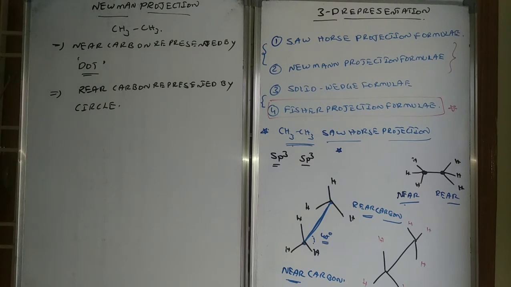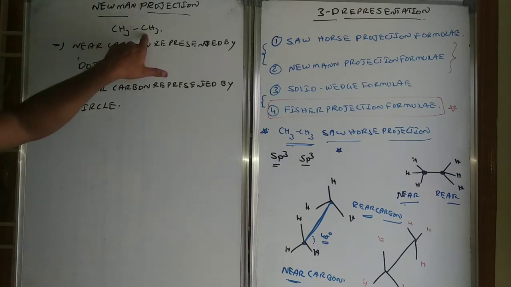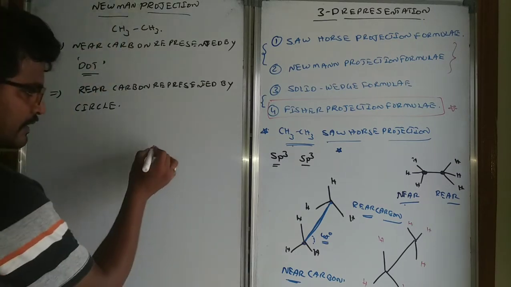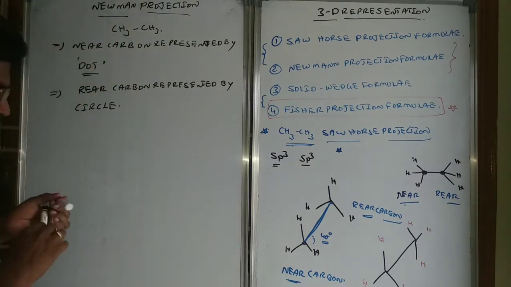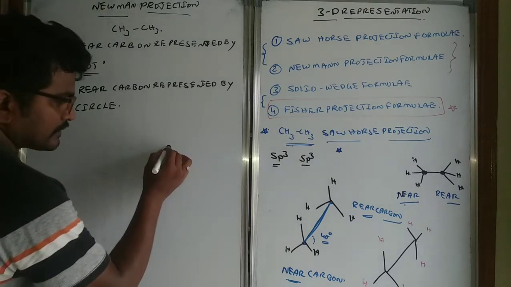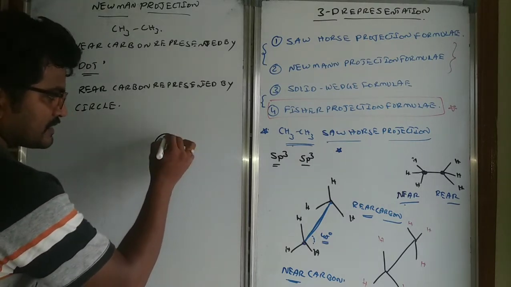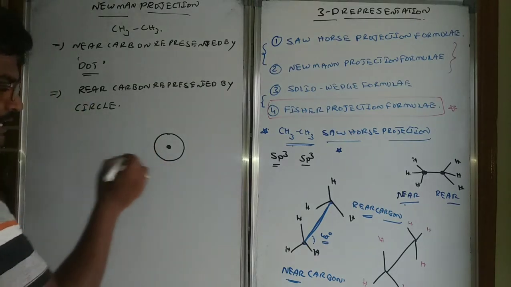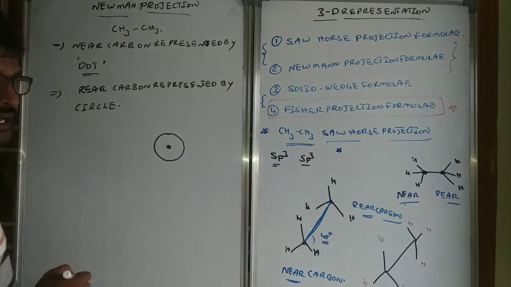You can observe this thing. So see here, if you consider this as a near carbon and this as a rear carbon, near carbon is represented by a dot, rear carbon is represented by a circle. You can imagine very clearly, this is near carbon, this is rear carbon.